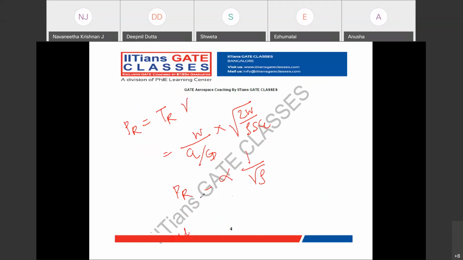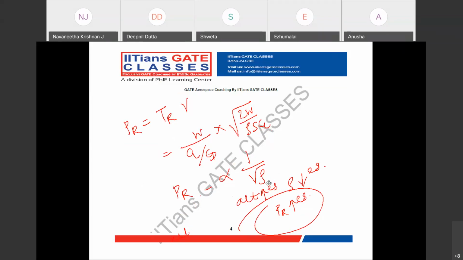As altitude increases, my power required increases. Why? Because when altitude increases, my density decreases, thereby power required increases.